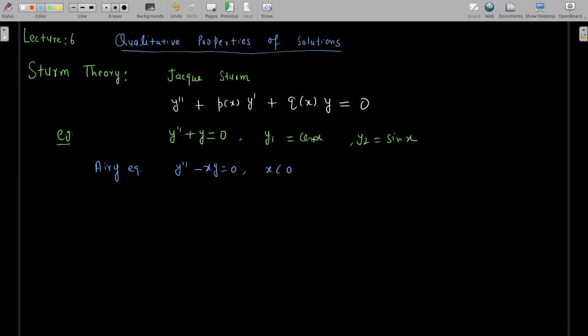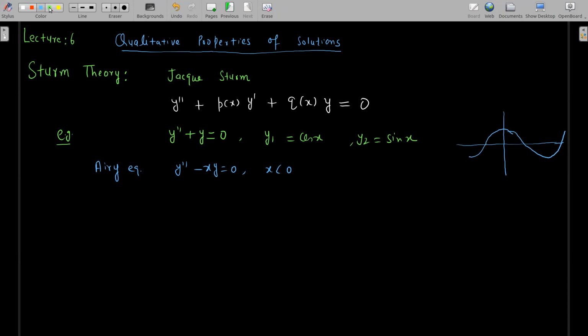And you know that if you draw the solution, how will the graph look, as one function is sin x and one is cos x. Cos will be like this, and so on.